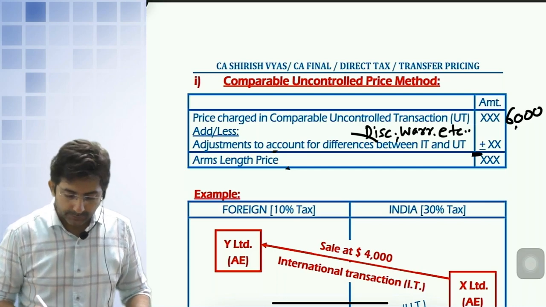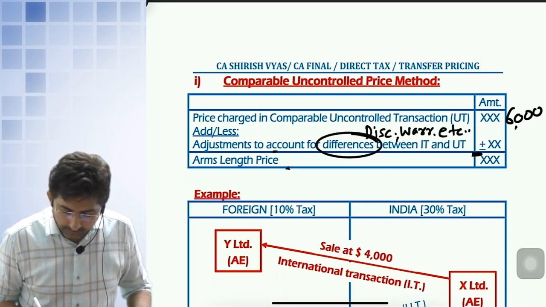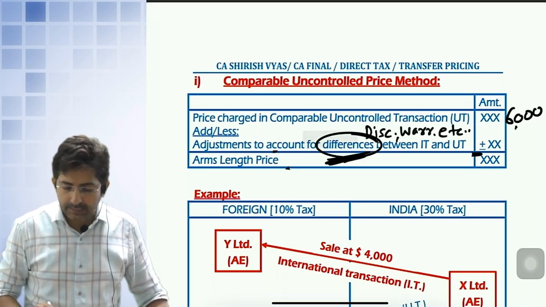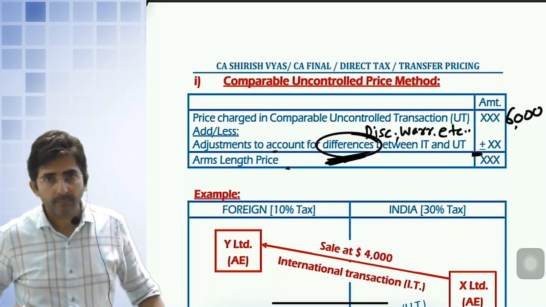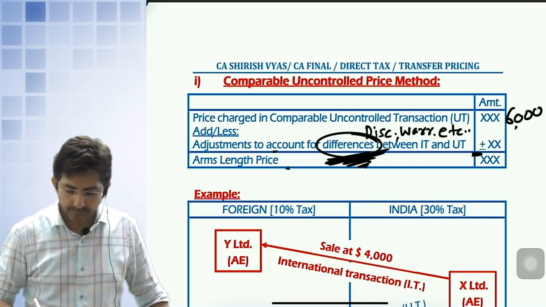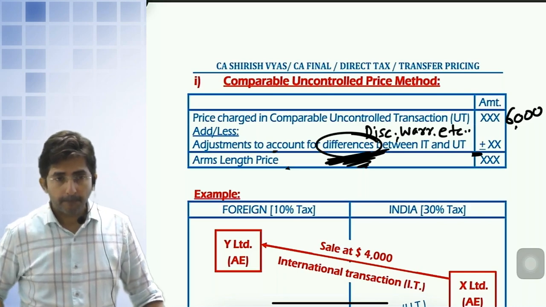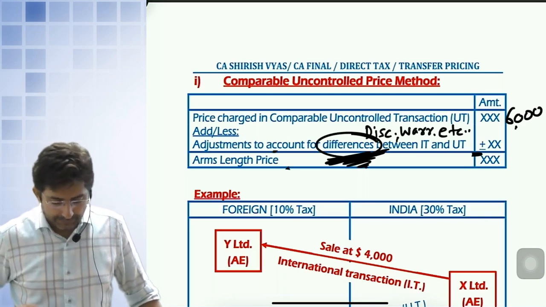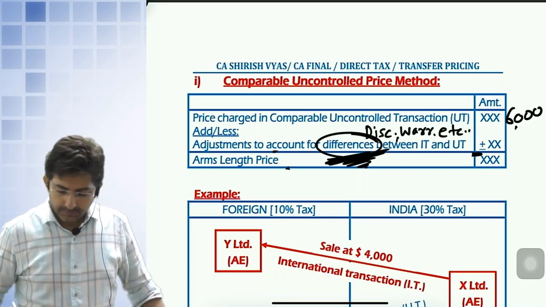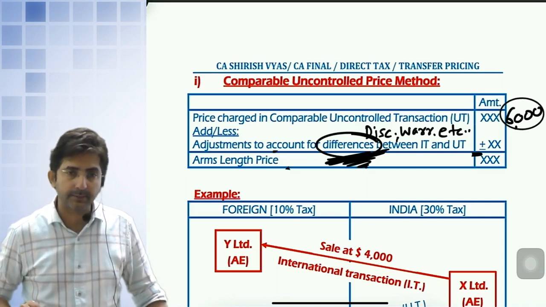You can also do one thing in your notes: circle the word differences and write there as an example discount, warranty, etc. But that adjustment is done in the uncontrolled price, which is 6,000. In our example, and in our notes also, it is 6,000 only.